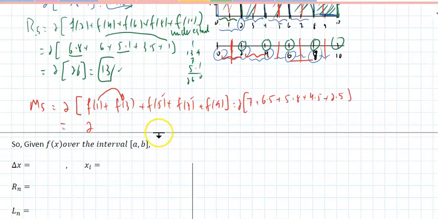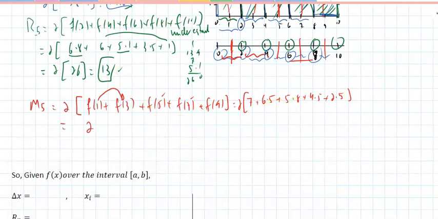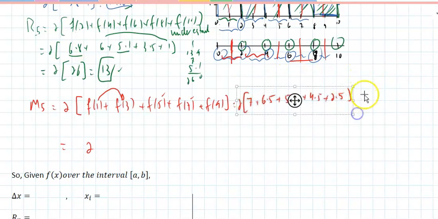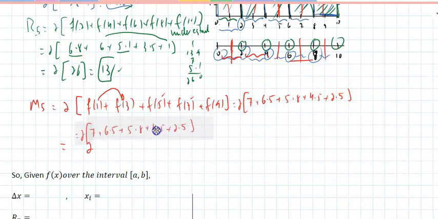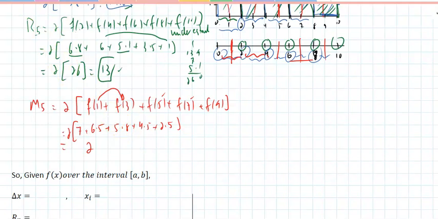There it is. That would be twice. And what is that? 4.5, that's a 7. And 7 is 14.